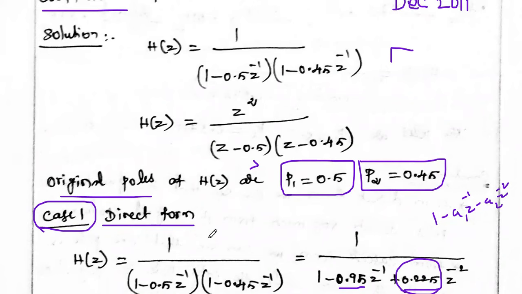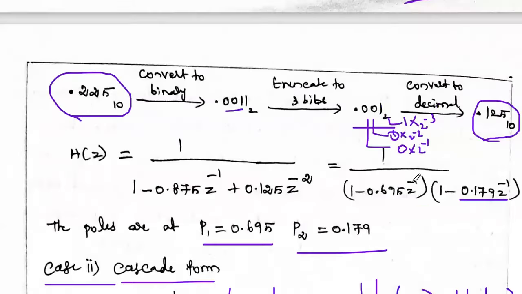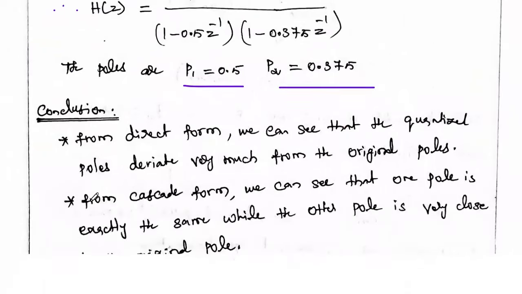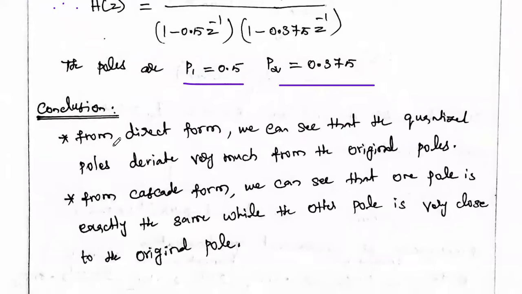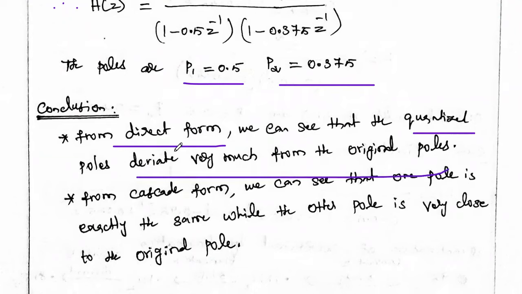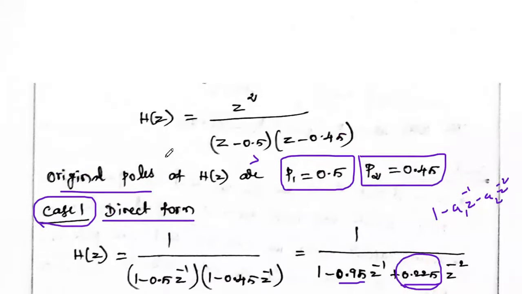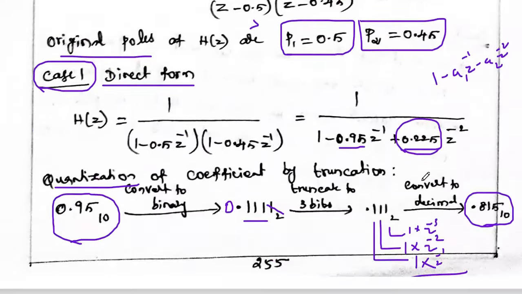So the first pole has no change, but the second pole 0.45 is shifted to 0.375. So you see the conclusion: in direct form, the quantized poles deviate very much from the original poles. Our original poles are 0.5 and 0.45.